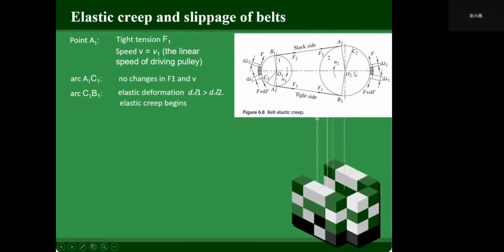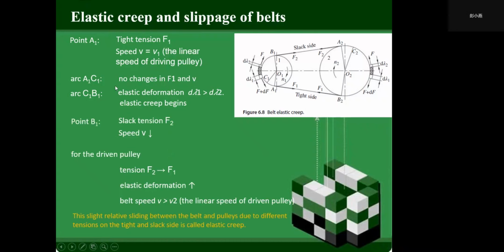And for the driven pulley, the belt tension increases from F2 to F1, resulting in a gradual increase in elastic deformation of the belt along arc C2B2, and the belt speed is higher than the linear speed of the driving pulley.